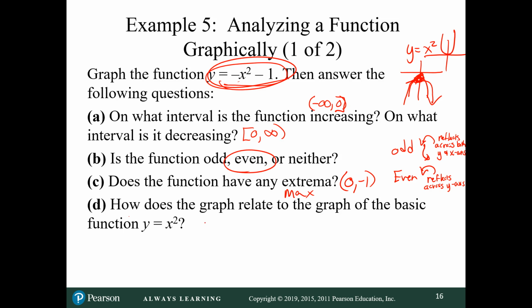Well, it's reflected across the x-axis and translated down 1. Okay? So we just take one of the basic functions, figure out what happened to it, and then we answer questions.